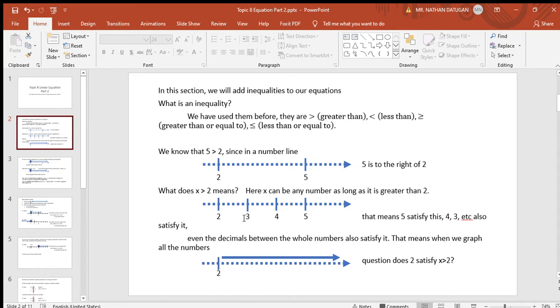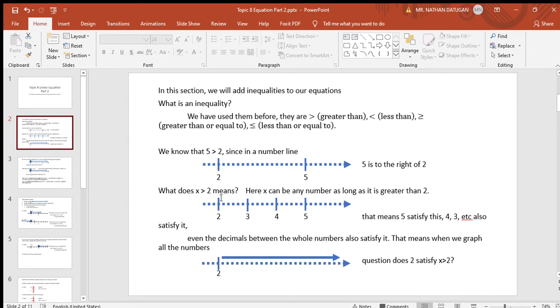So it can be 3, 4, 5, 6, etc. It can even be the decimals between the whole numbers. It can be 2.5, 2.9, and even 2.01, or 5.1.